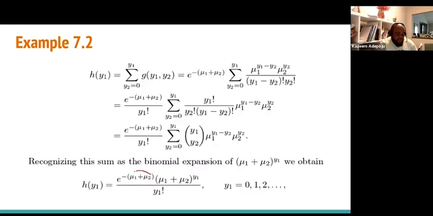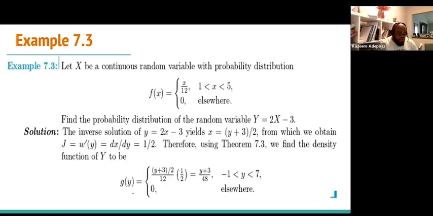If one Poisson distribution has a mean of mu1 and the other x2 has a mean of mu2, then the sum is going to have the sum of the means. Okay, we're done now. Now I want to go into continuous.